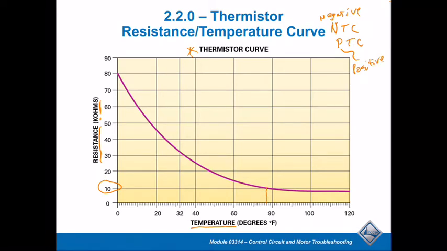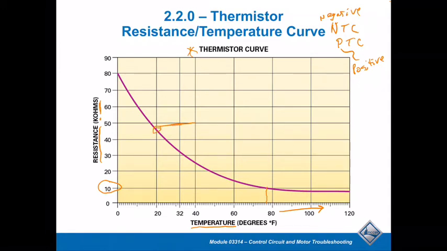Now, what do they mean? It refers to the temperature coefficient: does the resistance go up with temperature, or does it go down? Let me explain. In this picture, the temperature is getting warmer and warmer. Let's say we start at 20 degrees, where we might have had 45,000 ohms.